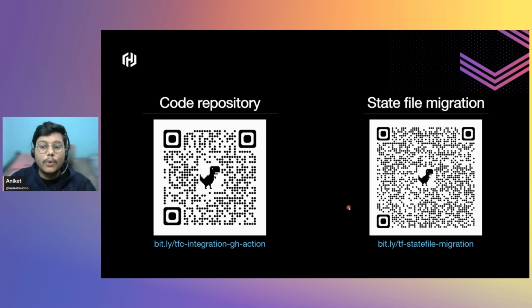How you would shift your current state file from your Azure storage account to Terraform Cloud is covered here. Because if we just create a new workspace and try to run it over the Azure infrastructure, it would give us an error, because the state file holds the resources which are already deployed on Azure, right? So there are some specific steps you would need for shifting your state file from the storage account to Terraform Cloud, so that it does not give you any error. So these are some of the important links.